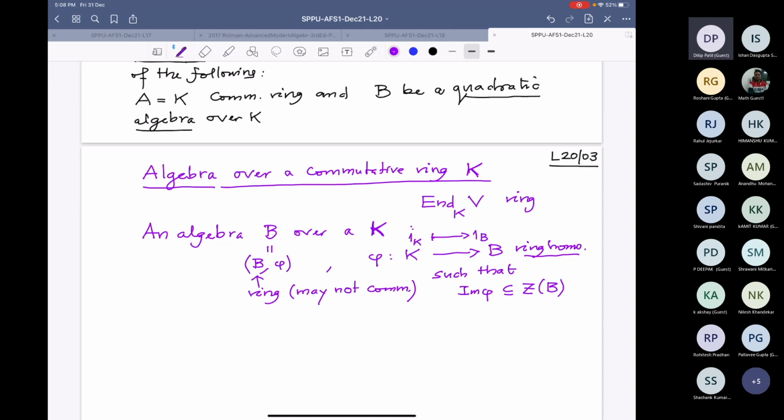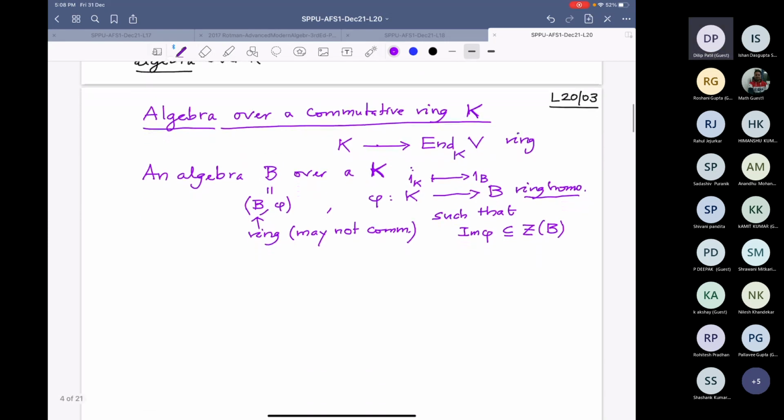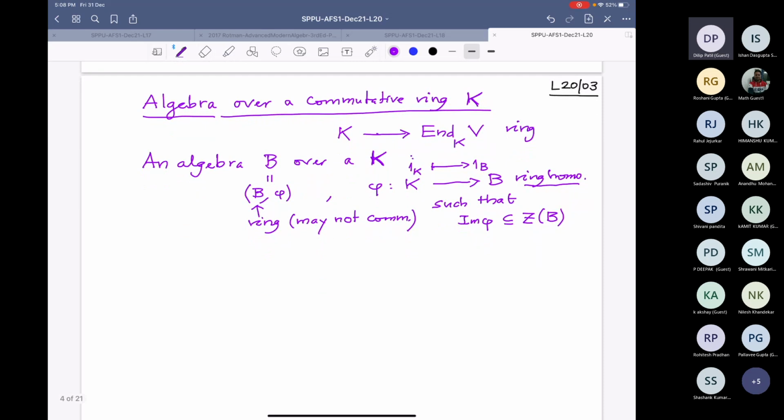And our example fits here very well because we have a map from a field to the endomorphism ring of a K-vector space. And the image is precisely the scalar matrices, or scalar homomorphisms, and that precisely is the center of this ring. And that fits very well. And this phi is unique, and it is given to you. This phi is called the structure homomorphism.